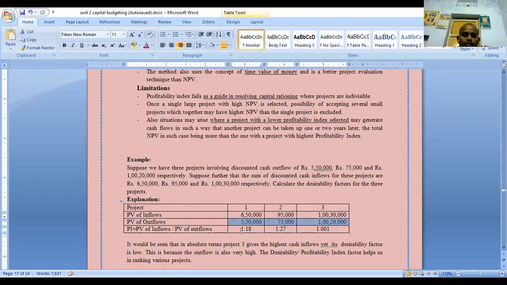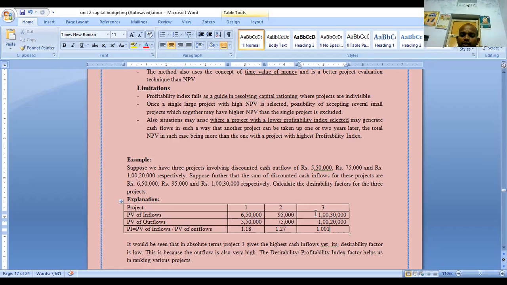So that shows how much portion of returns you get for the investment. That is nothing but 1.18 times. So 1.27. So 1.001.